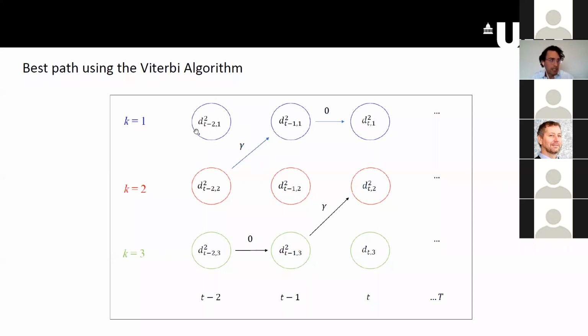The complexity of this assignment is of order k to the power of T, where T is the time and k is the number of classes. To solve this, we use the Viterbi algorithm that allows us to do this in linear time and makes it computationally extremely efficient.